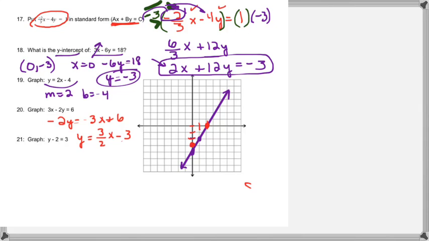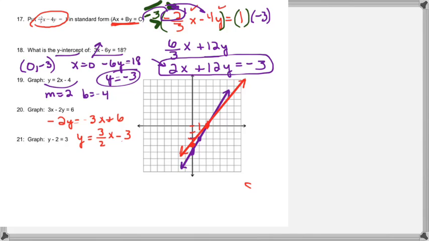Well, my purple one's off a little bit, but my red one, having a different slope, we know it's not going to be parallel to it. So the red one is going to be a little bit different. Yep, up 2 over 1, up 3 over 2. Something like that. Not a very good job graphing, it looks like.